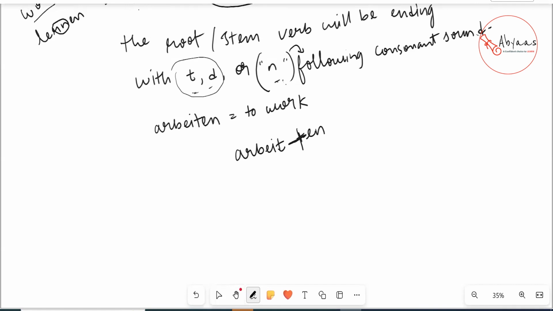In this case, ich, same as the first step, I'll take this root verb common.